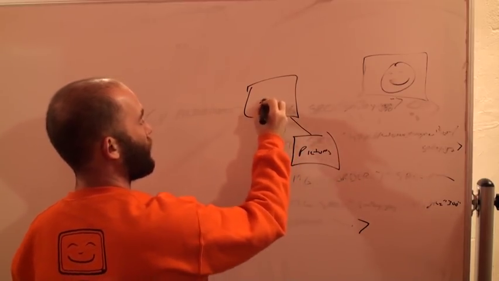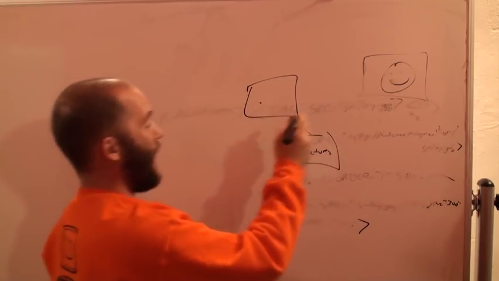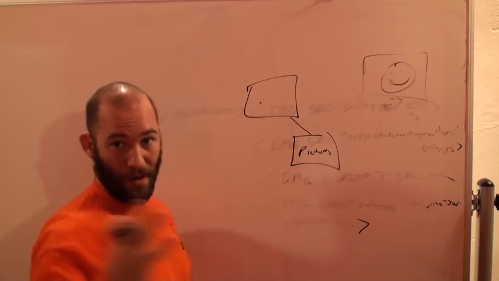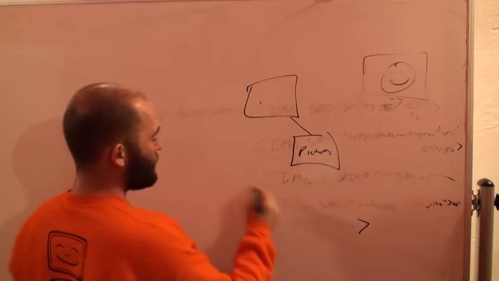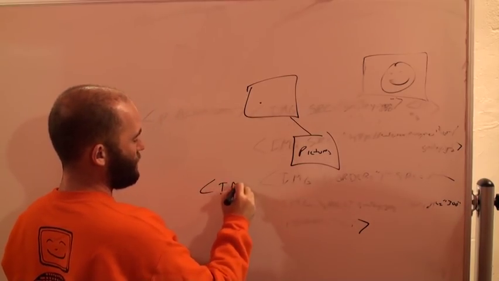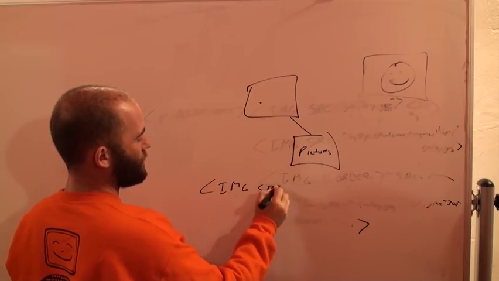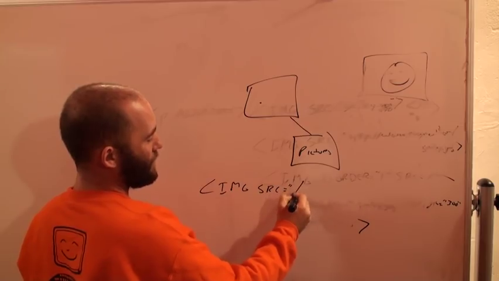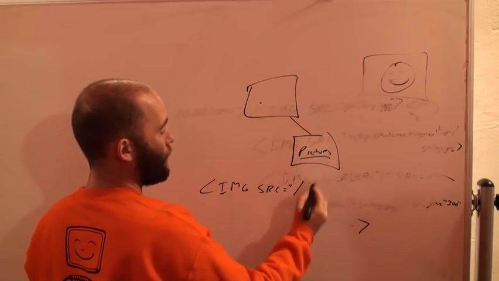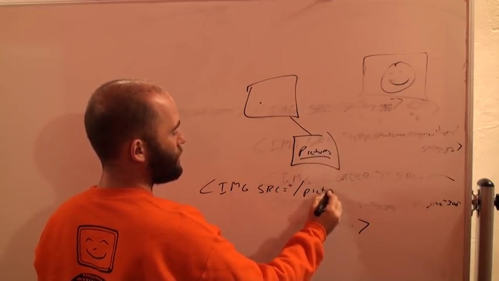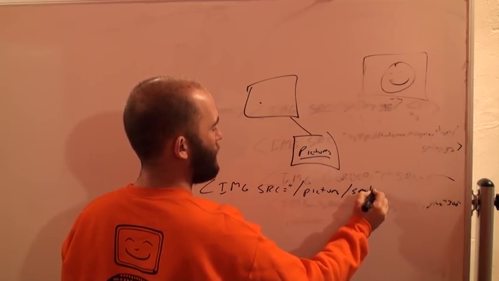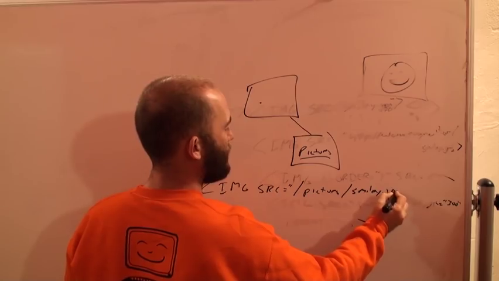So this is where your HTML web page is. But you want the smiley face in the pictures folder to be put into your web page. So you would just do the image src equals, and when you do the equals, you would do slash, tell it the folder name, pictures, slash smiley.jpg.